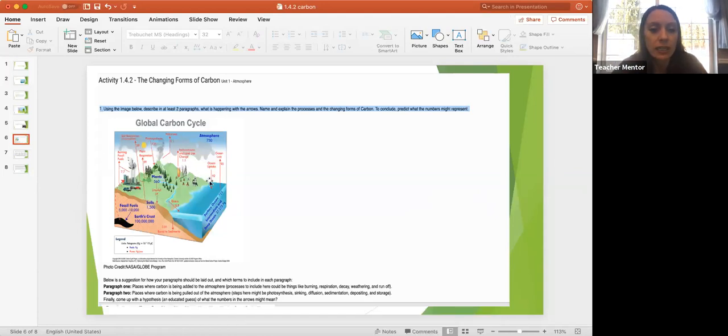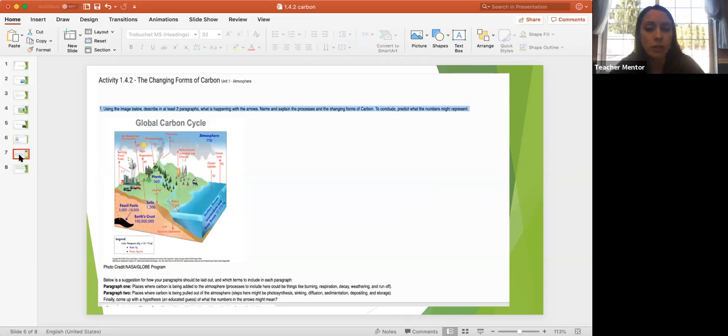In some instances, some of these processes are going to take up more carbon and some are going to release less carbon. So the numbers give us an idea of the percentage, so to speak, or the chunk of carbon that is being added or released.